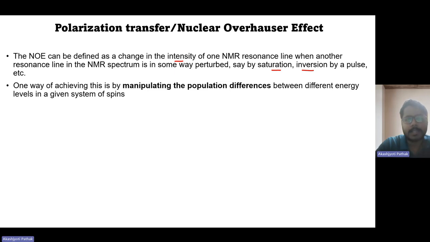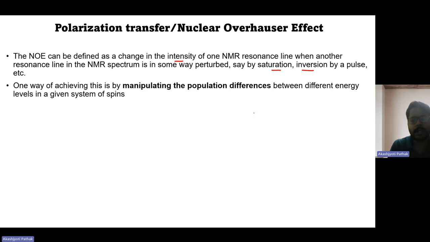The dipolar interaction between the two nuclei helps in manipulating the population difference between different energy levels in a given system of spins. As we know, in NMR the signals that we see are intensity signals, and those intensity signals are a result of the population difference that exists between the two energy levels when the sample is subjected to an external magnetic field.